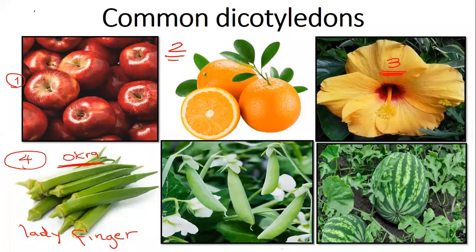It's hibiscus, H-I-B-I-S-C-U-S. How about number 5? Watermelon? Number 5, field pea or green pea.